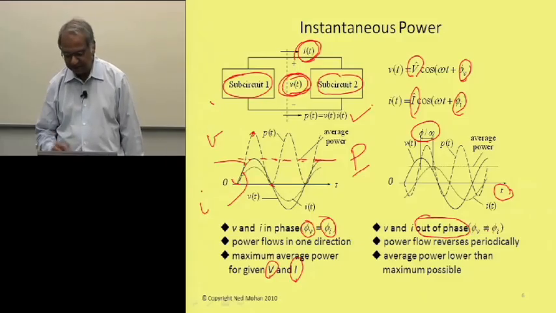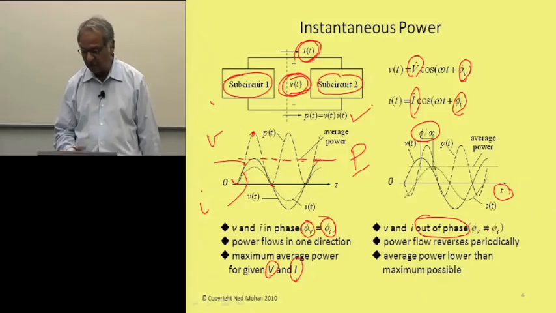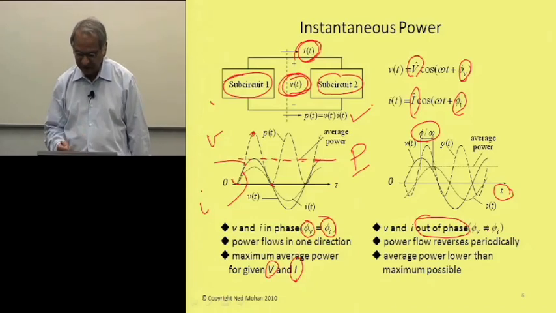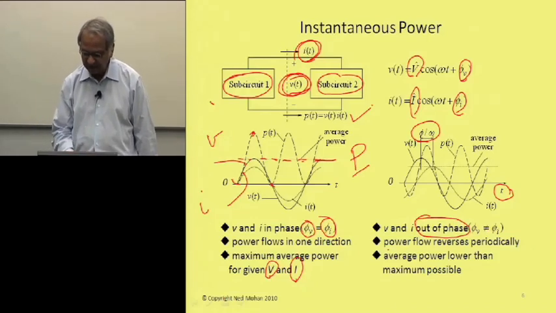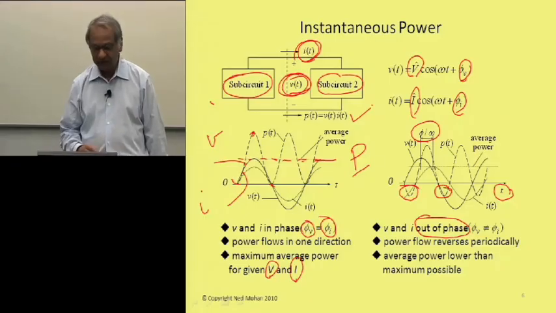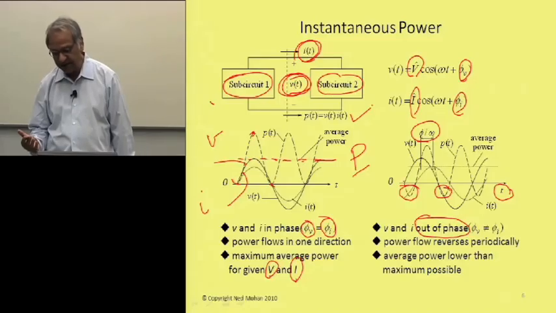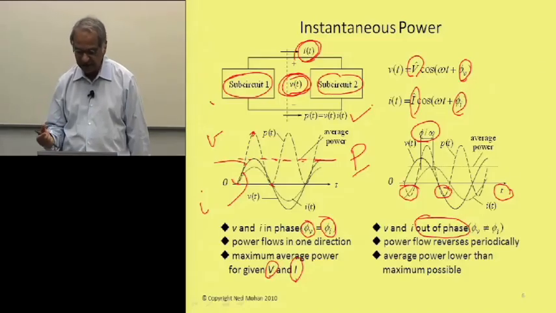In this particular case the current is lagging behind the voltage, and here we see that power flow reverses periodically. That is, every half cycle, this power becomes negative, right? It's mostly positive, but it does become negative for a certain interval of time.